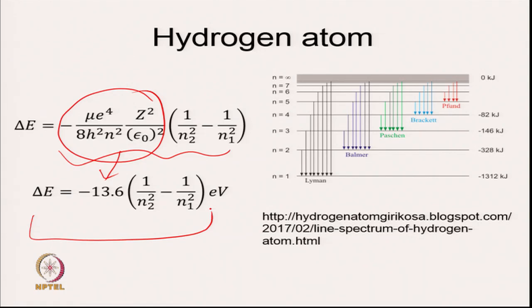So let us talk about what is known as the spectrum of the hydrogen atom. For the hydrogen atom, our selection rule is that Δn can be anything. We are talking about emission spectra. So the transition can be from n=2 to n=1, from n=3 to n=1, and from n=4 to n=1.